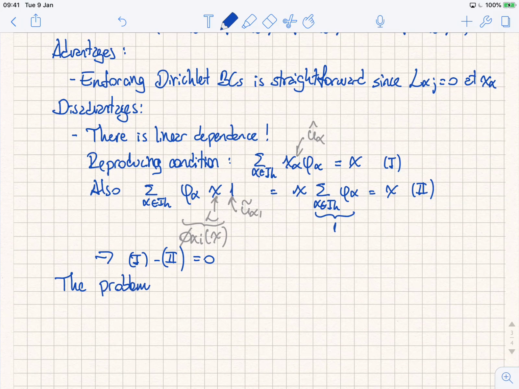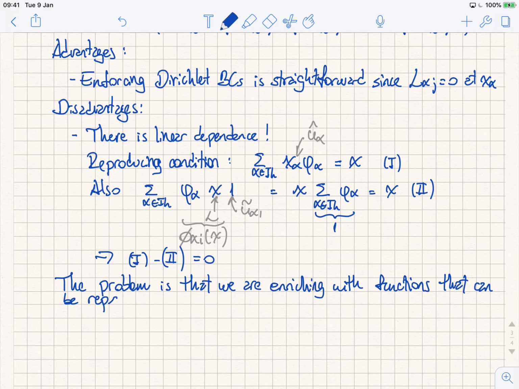The problem is that we are enriching with functions that can already be represented by the finite element partition of unity.